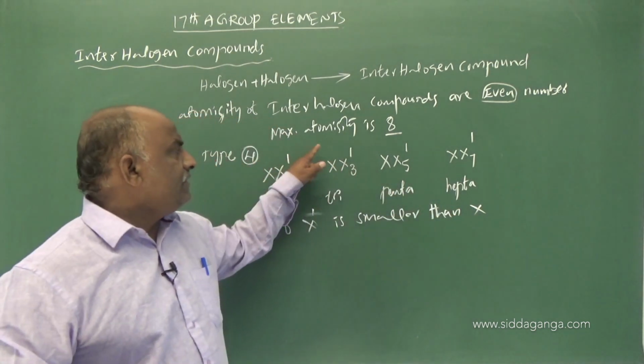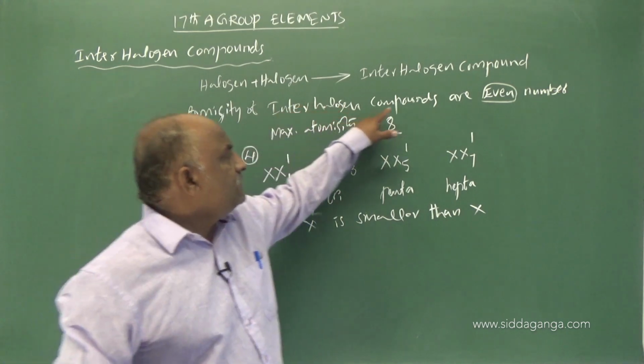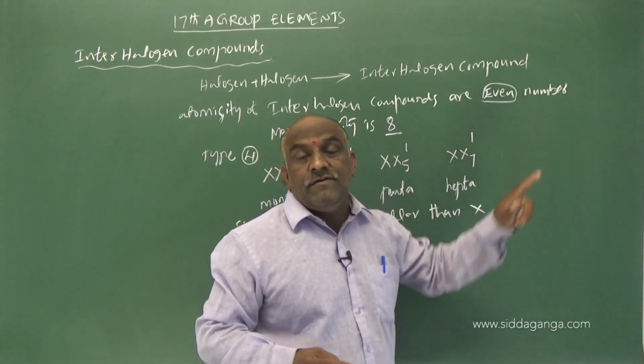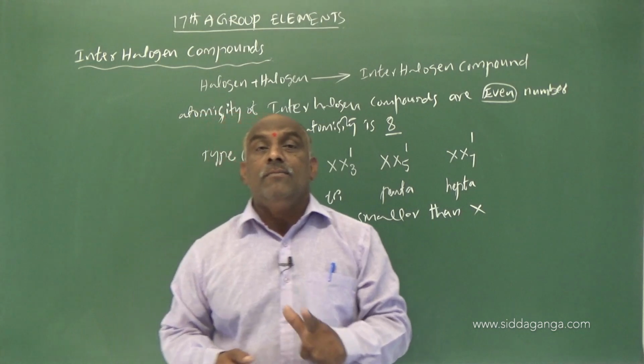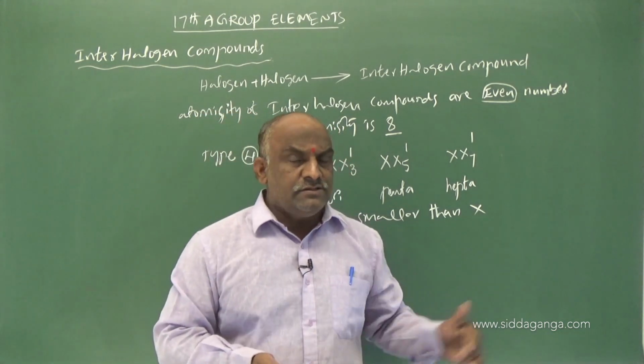Maximum atomicity of interhalogen compounds is 8. Interhalogen compounds' atomicity should be an even number only, because these are neutral molecules.